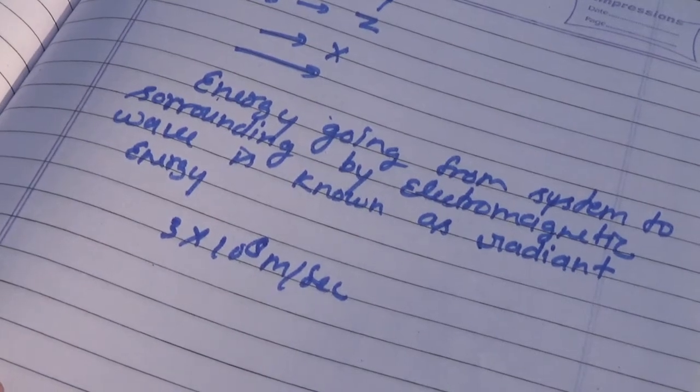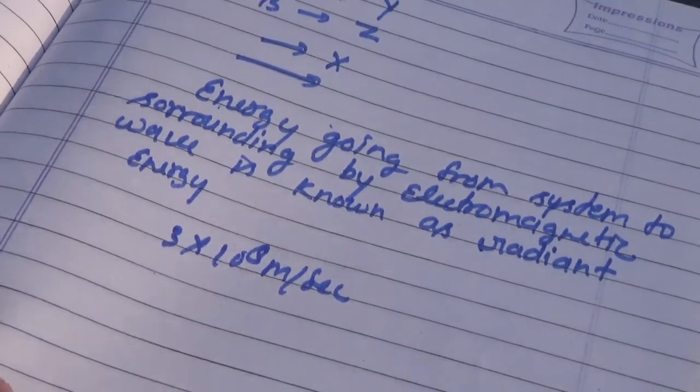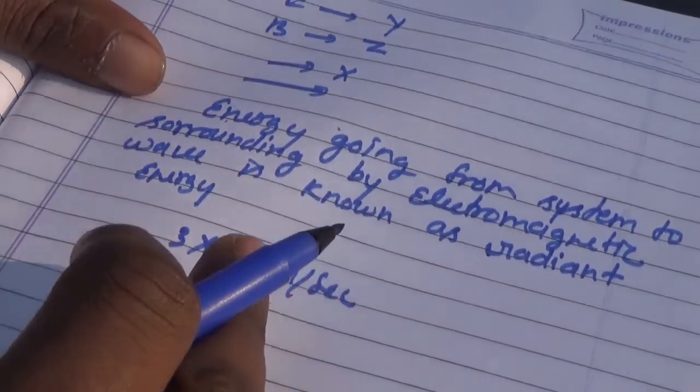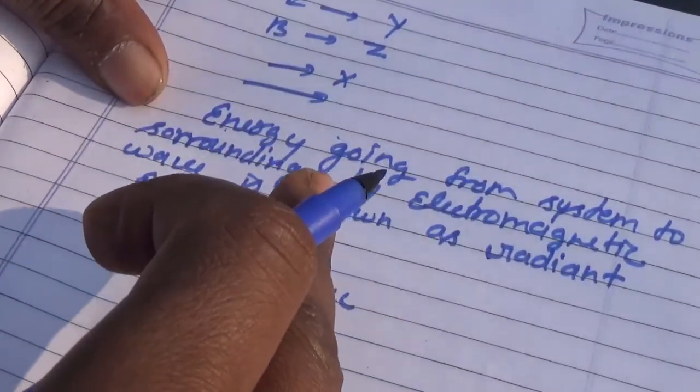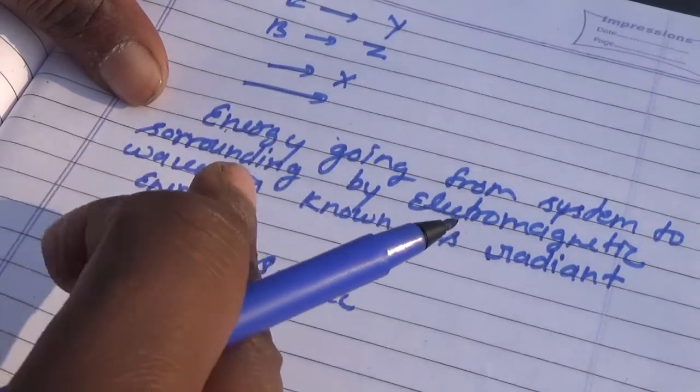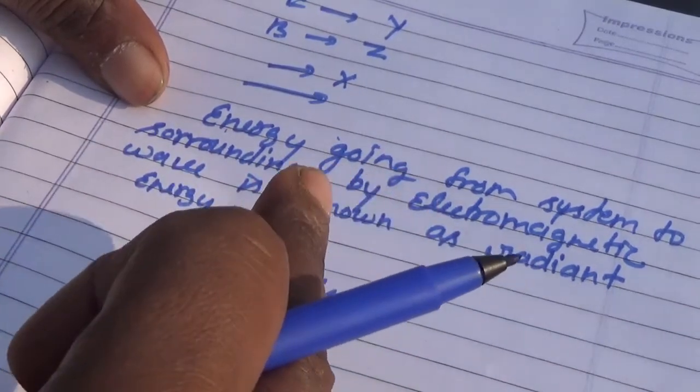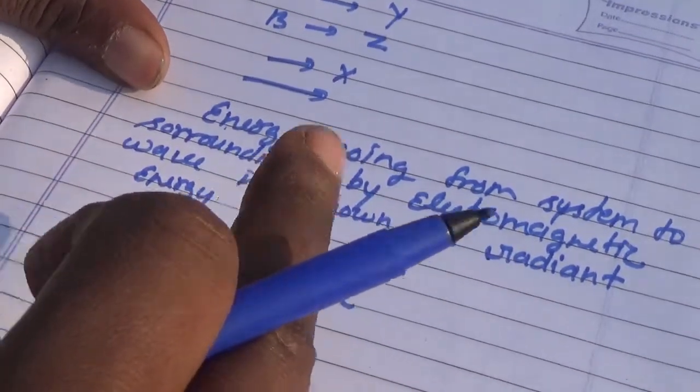Now this radiant energy, dear students, which we have told you, is energy going or energy emitted by electromagnetic wave from any body or from any system.